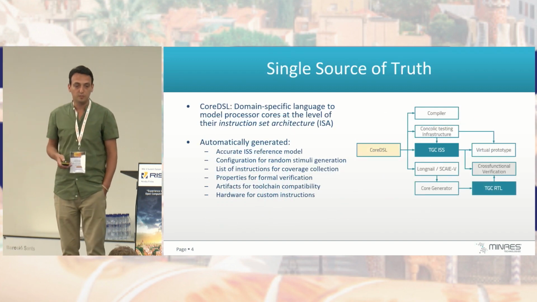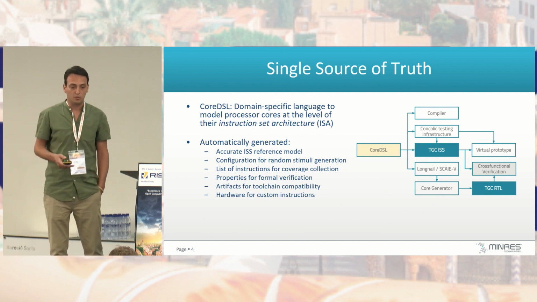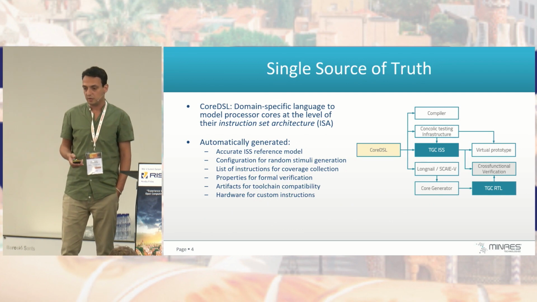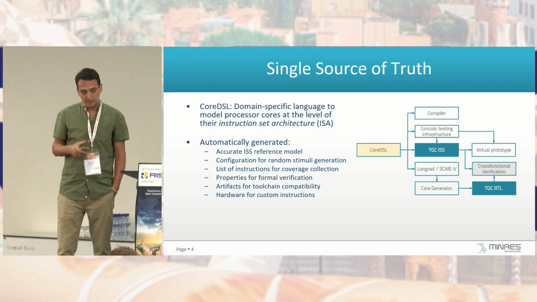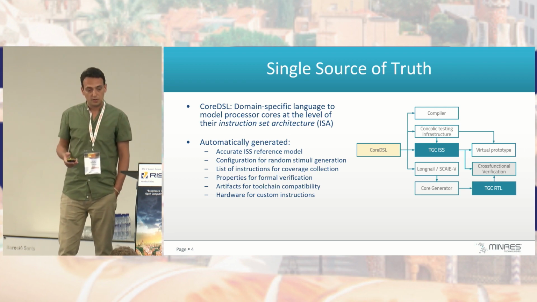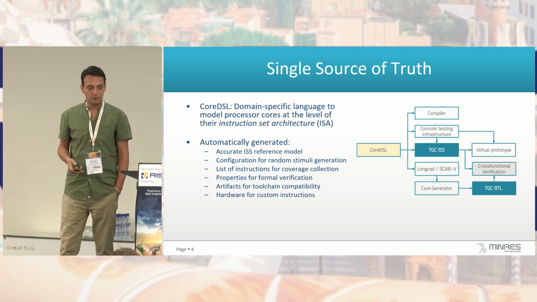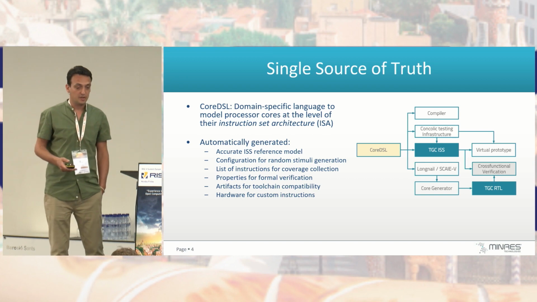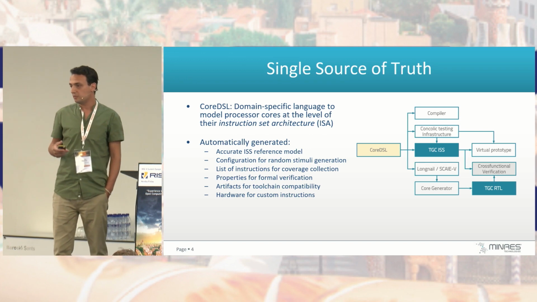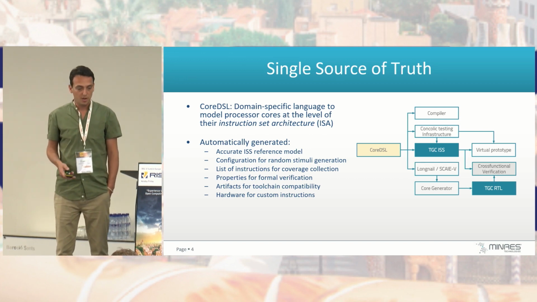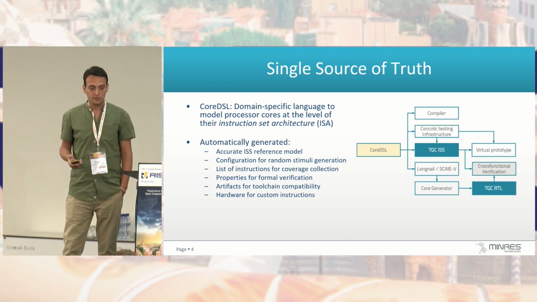So our verification process starts with a description of the architectural state of the core, which will be used as a single source of truth. For this purpose, we use CoreDSL, a domain-specific language, to model processor cores at the level of their instruction set architecture. And from this CoreDSL description, we automatically generate several components.